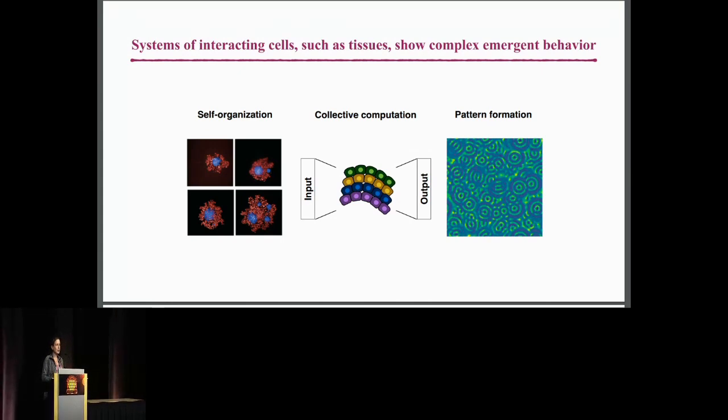We've been thinking about collective computation in tissues, how cells compute different outputs to an array of changing environmental inputs, and also how spatial and spatiotemporal patterns form over tissues, for example, in terms of gene expression, and what are, again, the underlying rules and mechanisms that can generate different types of patterns.